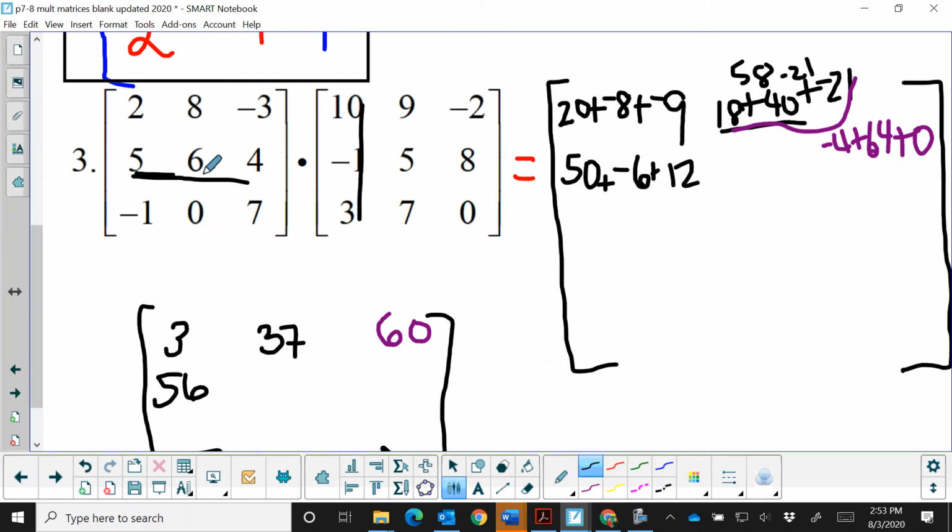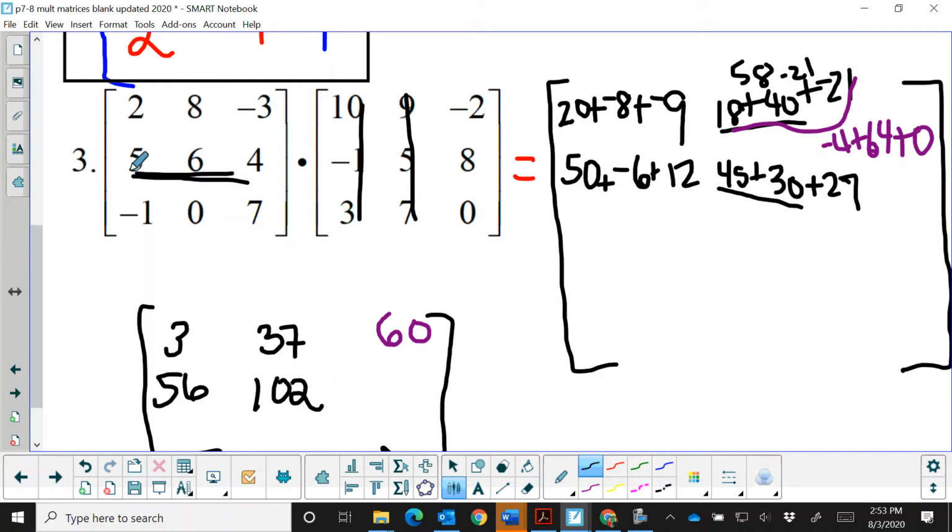Then let's take second row, second column. So that's 9 times 5 is 45, plus 6 times 5 is 30, plus 4 times 7 is 27. Okay, so that's 75, 85, 95, 102. So that position is 102.